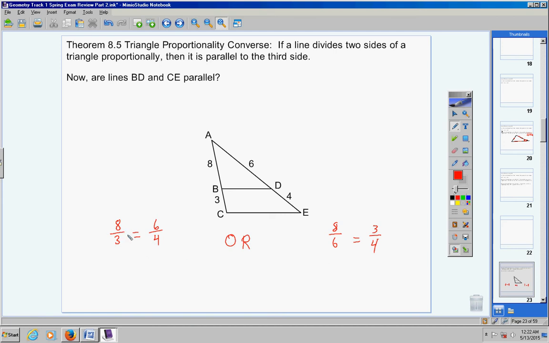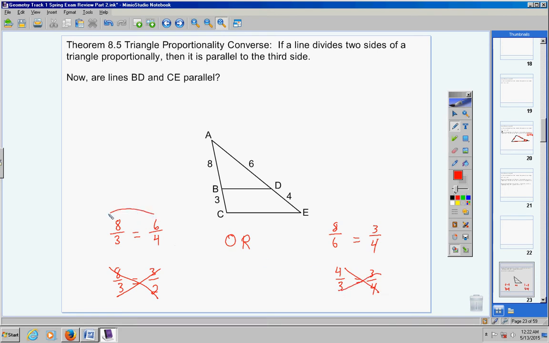Well, let's reduce both of the fractions and see if we get the same fraction. 8 over 3 cannot be reduced. 6 over 4 reduces to 3/2. Are they identical fractions? Not at all. Same thing over here. Reduce 8 over 6, you get 4 over 3, and reduce this and you get 3/4. 4/3 is not equal to 3/4.